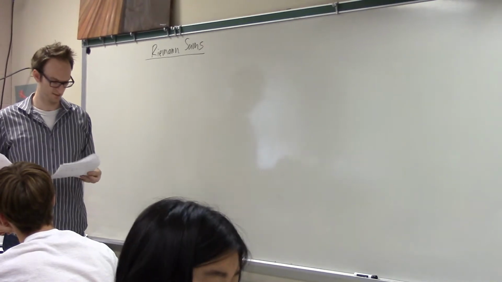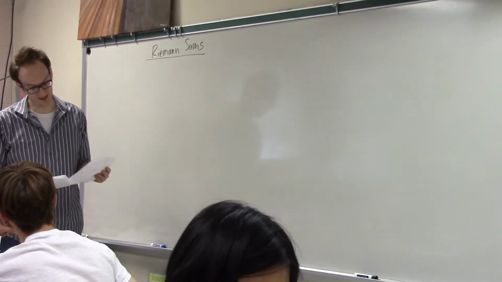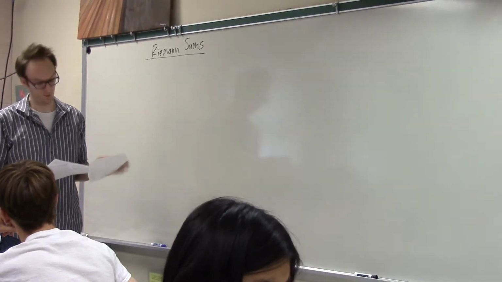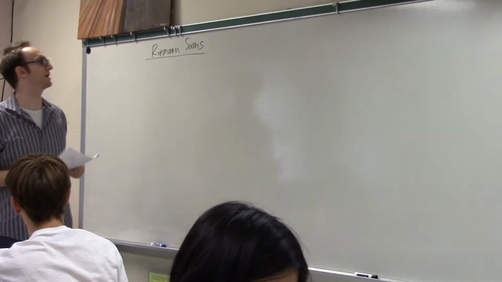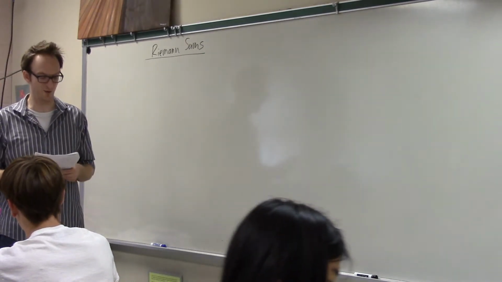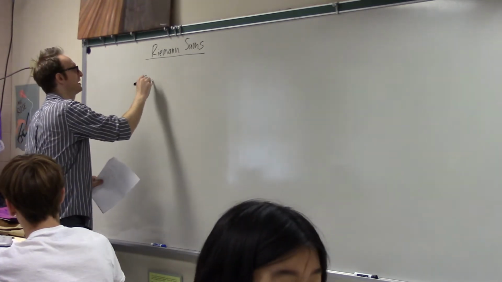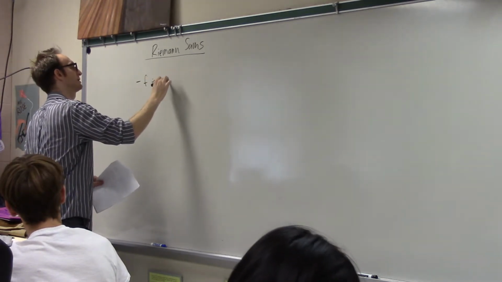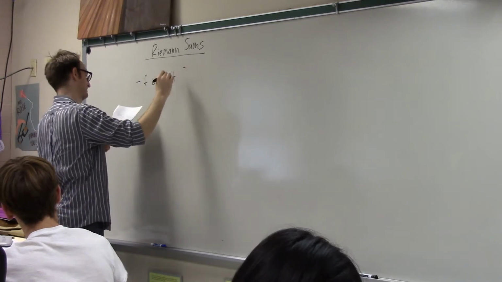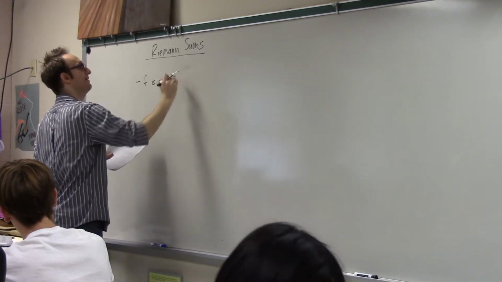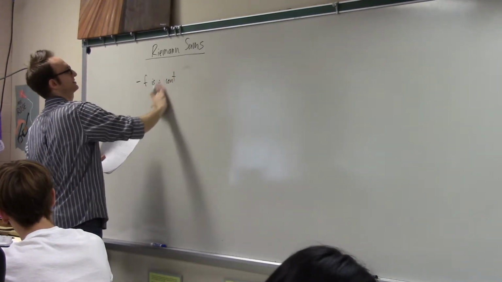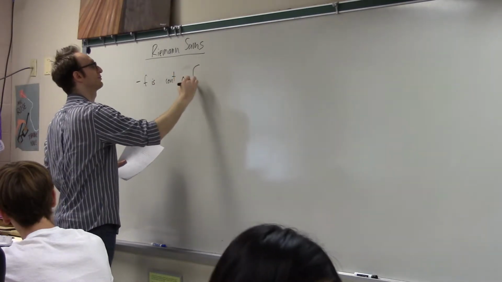Here's how a Riemann sum works. First of all, I have some function f. I'll just throw in continuous, because probably that's a thing. f is continuous on some interval [a, b].